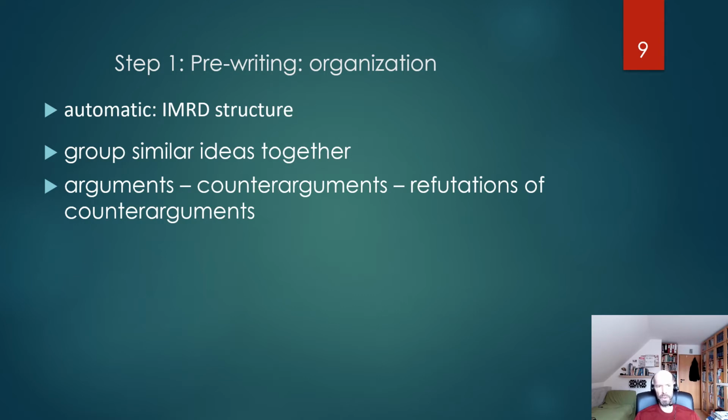A better way to do this is to put all of the pro arguments first, and then all of the counter arguments, and then you can perhaps disprove all the counter arguments. That's much easier for the reader to process.